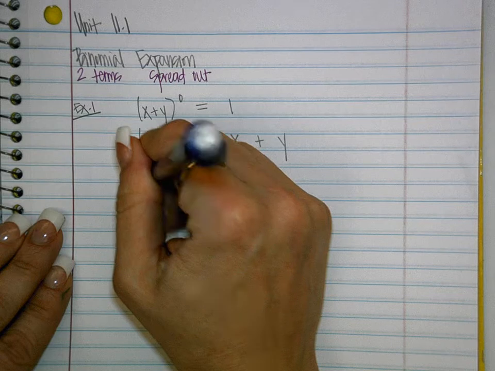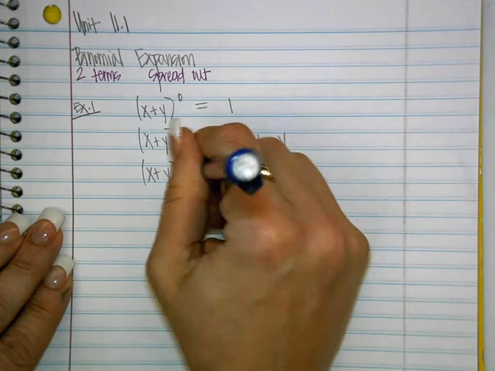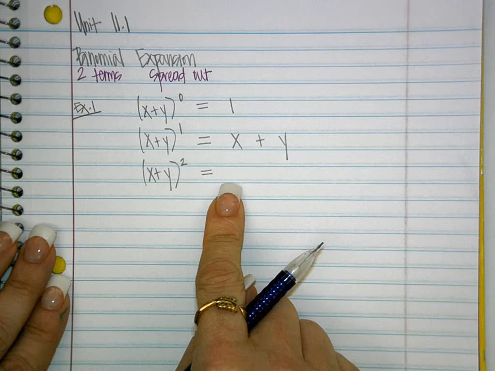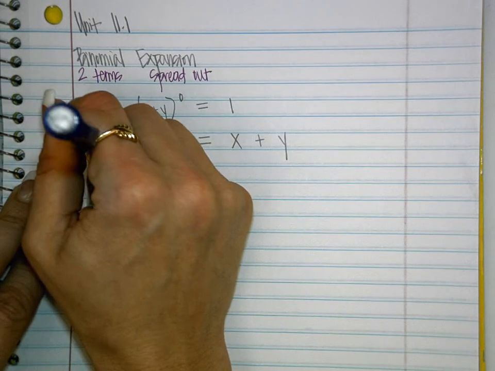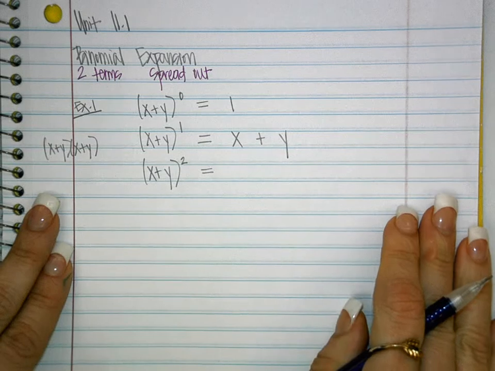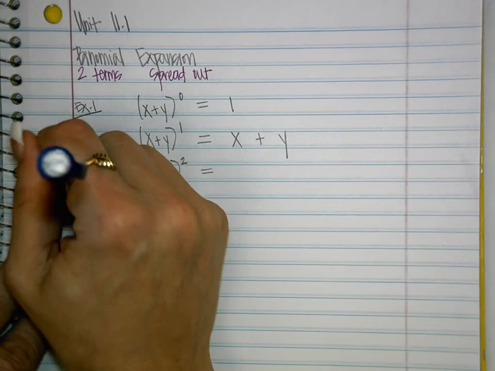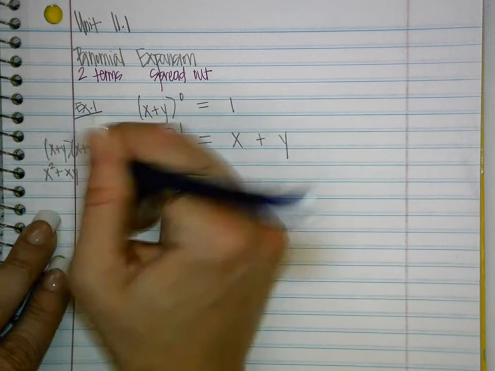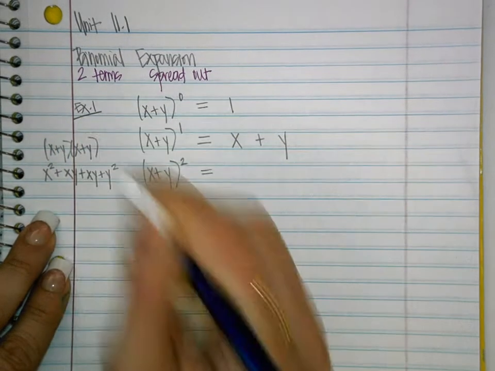Now let's try x plus y squared. X plus y to the second power. For this one, you probably need to write it out twice. So x plus y times x plus y, and you can just do it on the side of your paper. If you multiply those together, you would FOIL. You'd get x squared plus xy plus another xy plus y squared.